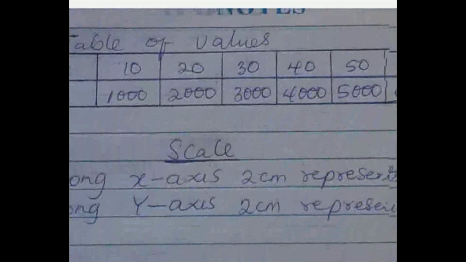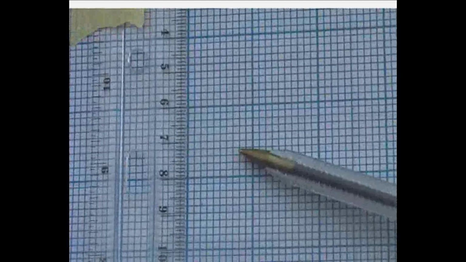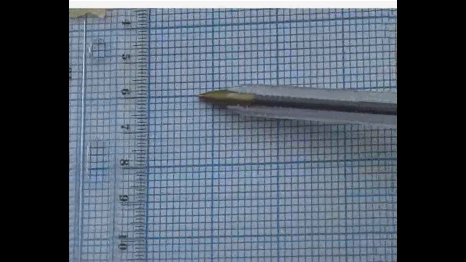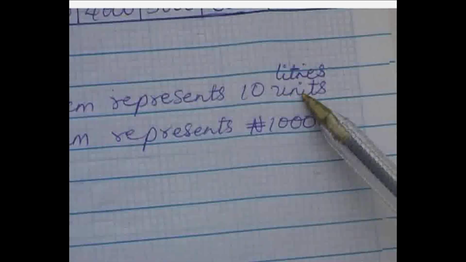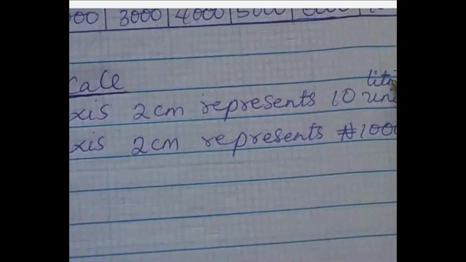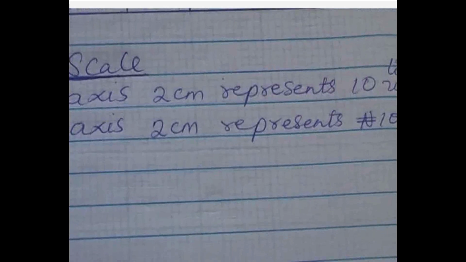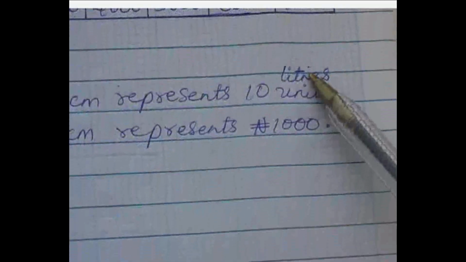Now, what it means is that when you want to calibrate the graph side, in between 2 cm's, you are going to put 10 liters or 10 units. In fact, in this case, it's going to be 10 liters because we are working with the amount of money you can use to buy a specified liter of petrol.